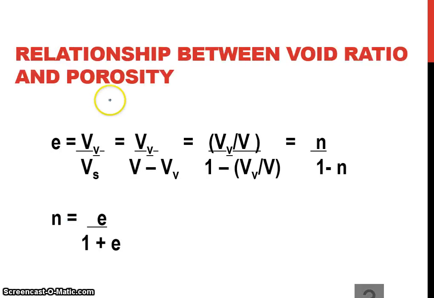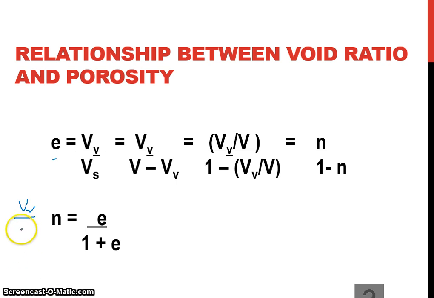Before we go further, I would like to highlight again the relationship between void ratio and porosity. As we can see from the basic derivation of the equation, the volume of voids to the volume of solids gives the e ratio, and for n it is V sub V to V sub total.